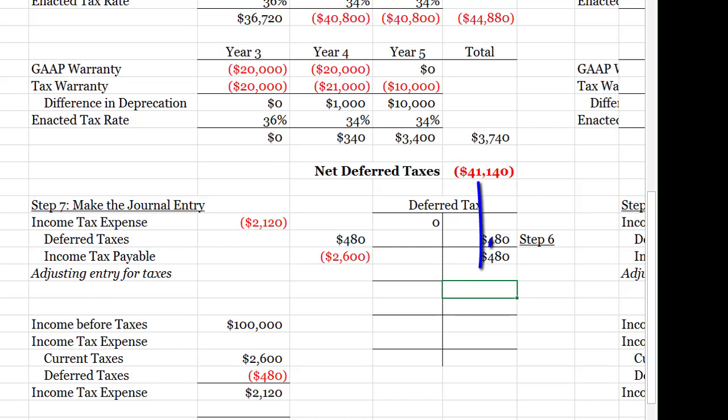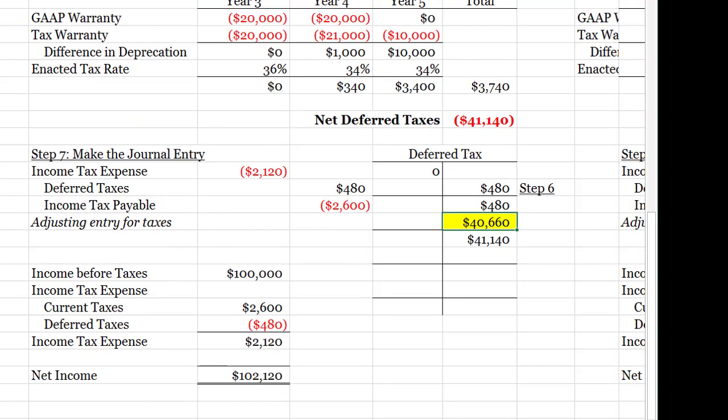I want that $41,140 to be my balance in this current year, but I don't want it to be negative. I just want it to be a credit, so I'll make it equal to a negative. Click on that $41,140. I'm going to make it a permanent reference so that I can use it moving forward. If I want to go from $480 credit to $41,140, I need a journal entry for the difference.